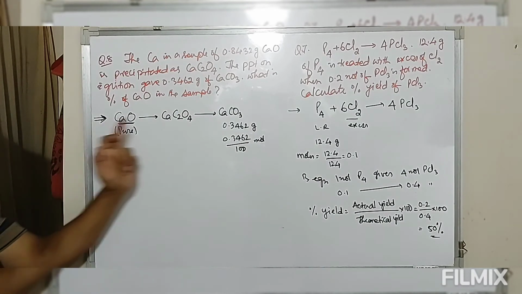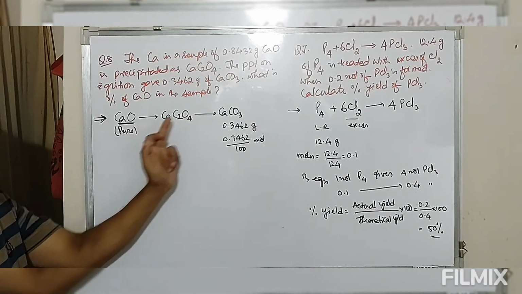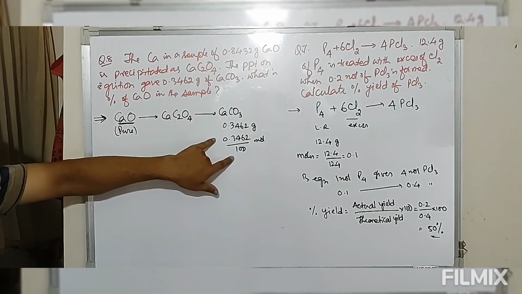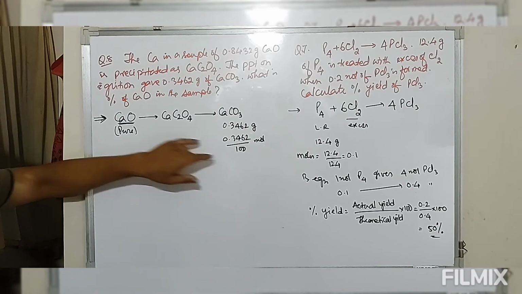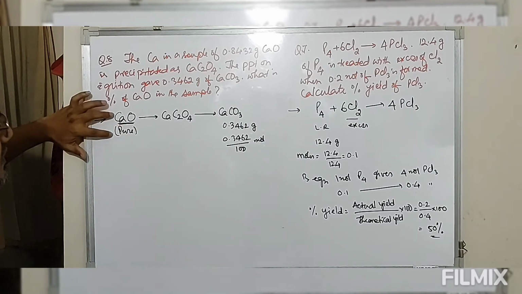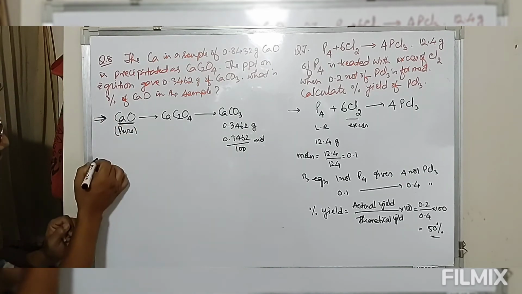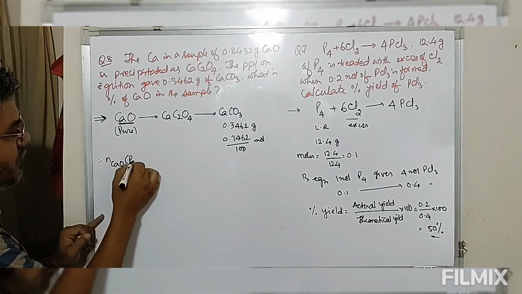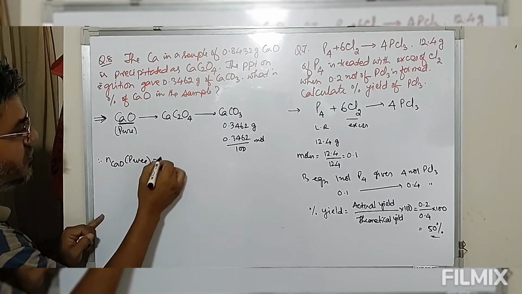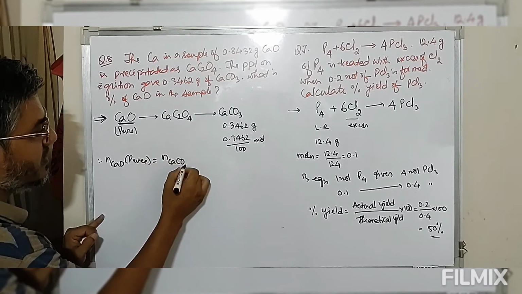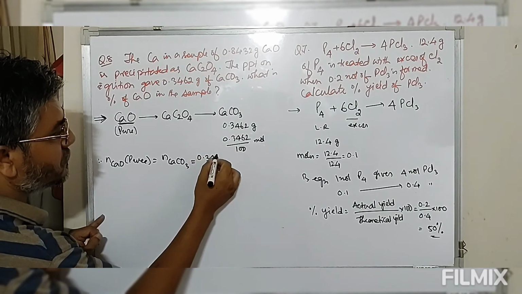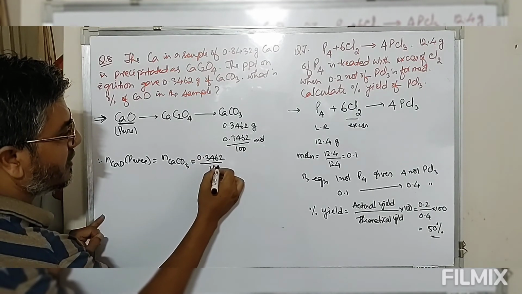Now look at this, the molar mass of calcium oxide is 56. So therefore, number of moles of calcium carbonate obtained is equal to the number of moles of pure calcium oxide. So number of moles of pure calcium oxide is 0.3462 divided by 100.